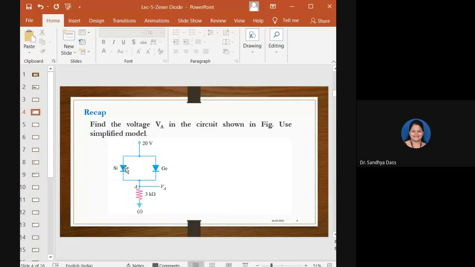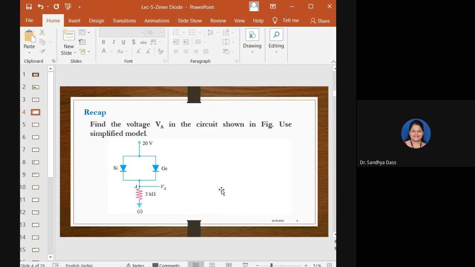So the silicon diode will never get a chance to conduct. The path of completion of the circuit will be via the germanium diode, so the voltage at point A will be 20 minus 0.3, that is 19.7.